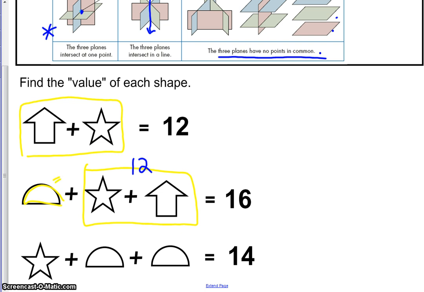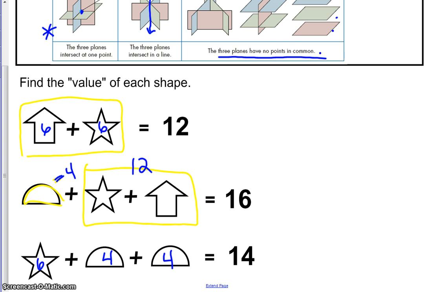It makes sense that the semicircle has to equal 4, because 4 plus 12 equals 16. So if we know our semicircle is 4, these two are 4 and 4. What plus 4 equals 14? Only 6 plus 4 equals 14. If the star is 6, then also my arrow is 6.